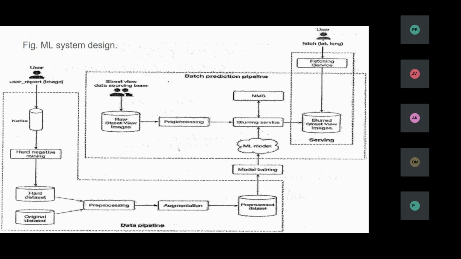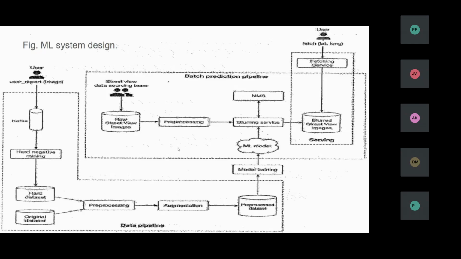So the user can report and give us the image that has been falsely blurred or not blurred. As you can see on the left side, we have a user report.